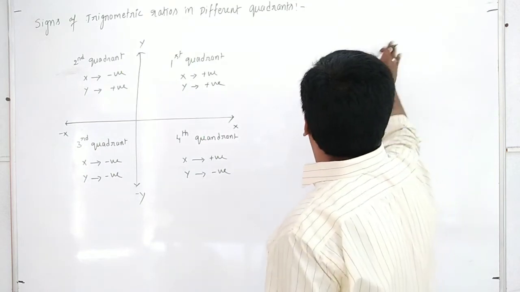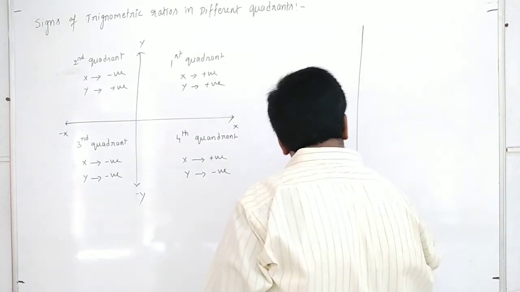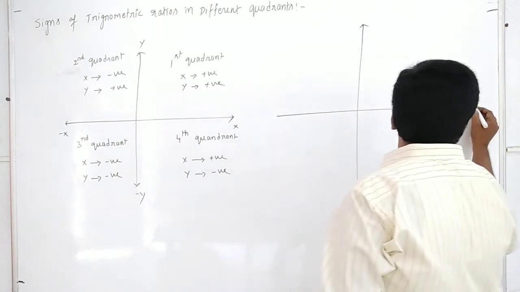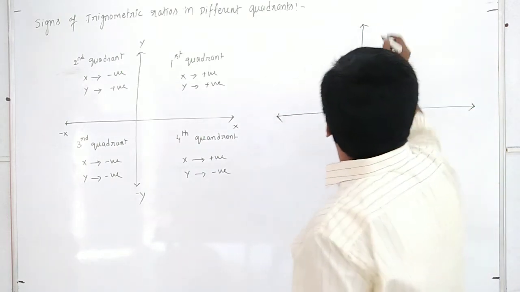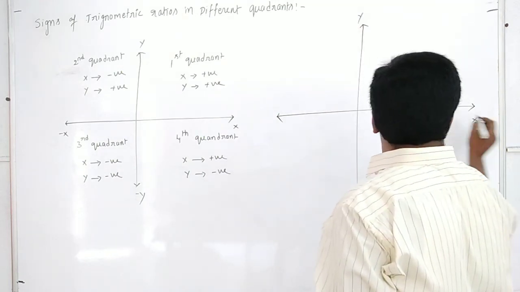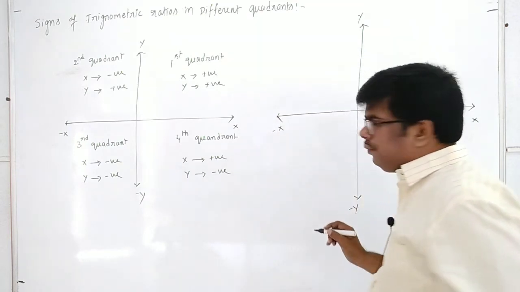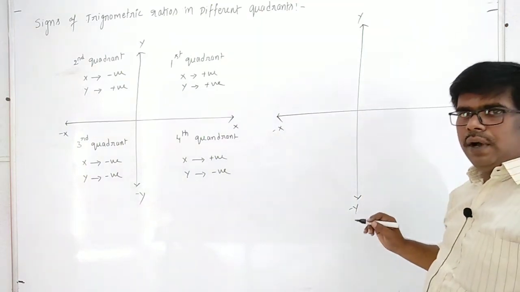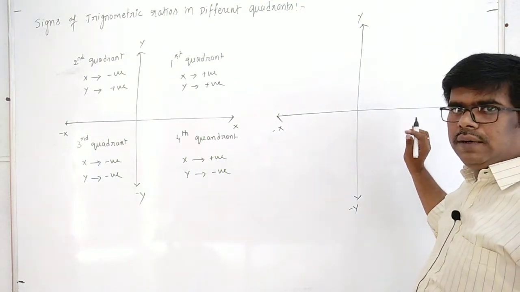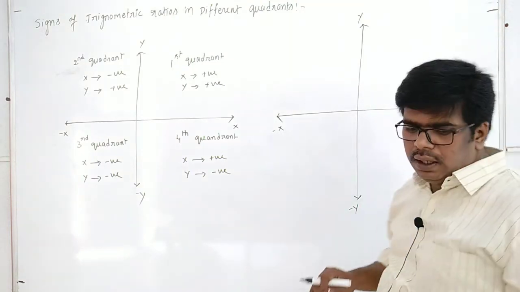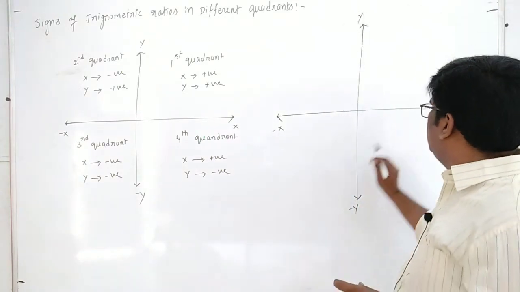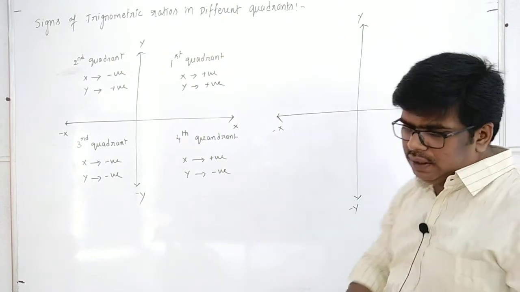Suppose I take the coordinate system like this, and first I am choosing the first quadrant, with y, minus y, x, minus x. If you observe this quadrant, I can tell you one thing here.